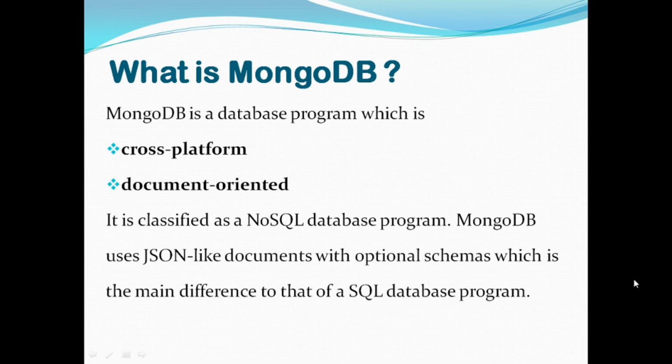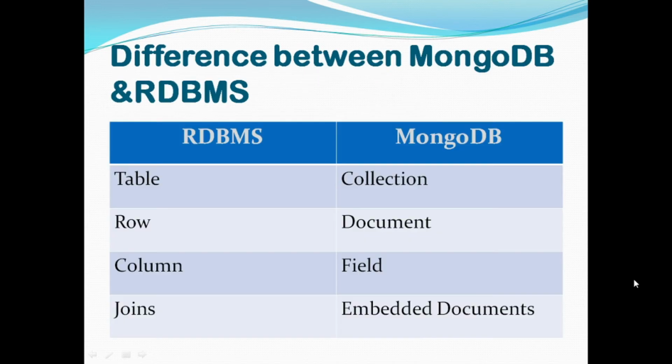Now going to the next phase, the difference between MongoDB and RDBMS. In an RDBMS database, we have tables, and in the table the data is stored in the form of rows and columns. There are also joins in RDBMS, like the inner join, outer join, left outer join, right outer join, and so on. Likewise, in MongoDB, we have collections.